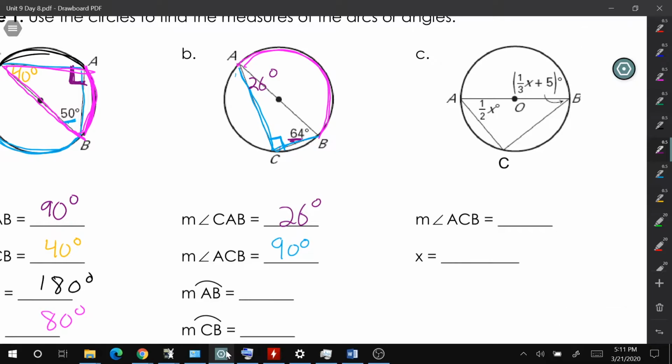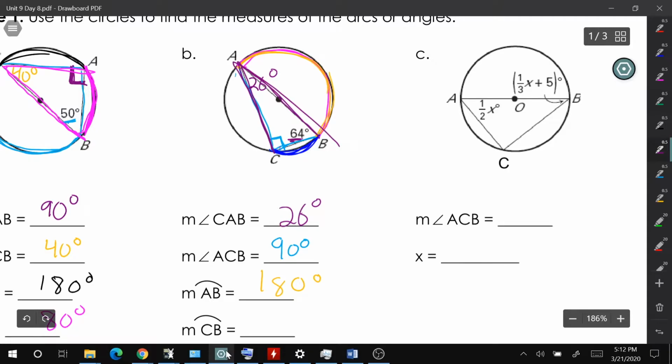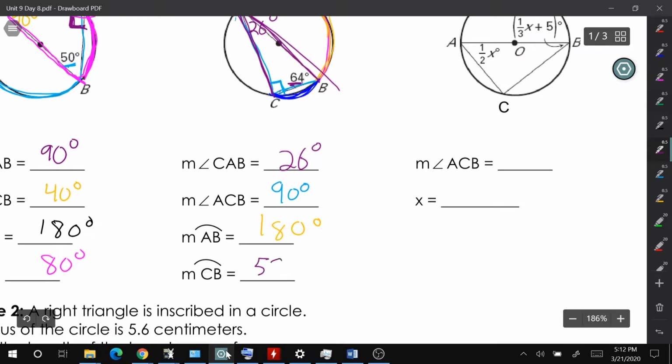Now with that, we can find the measure of arc AB. We already said that the measure of arc AB was going to be 180. And the measure of arc CB, if we look at the inscribed angle that goes with that, that's the 26 degree angle. So 26 times 2 is 52 degrees.